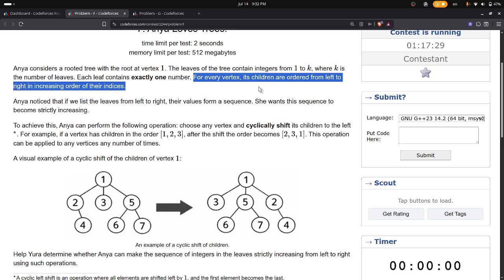If we list the leaves from left to right, their values form a sequence. She wants this sequence to become strictly increasing. To achieve this, she can perform the following operation: choose exactly one vertex and cyclically shift its children to the left. For example, if a vertex has children in order 1, 2, 3, after the shift the order becomes 2, 3, 1.